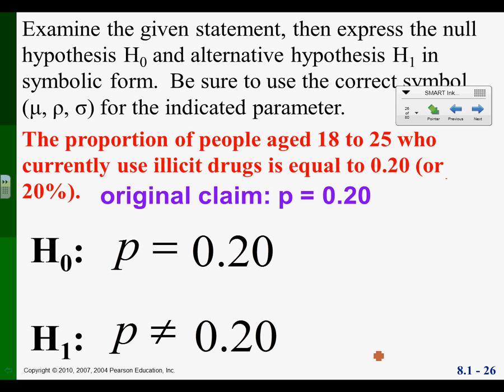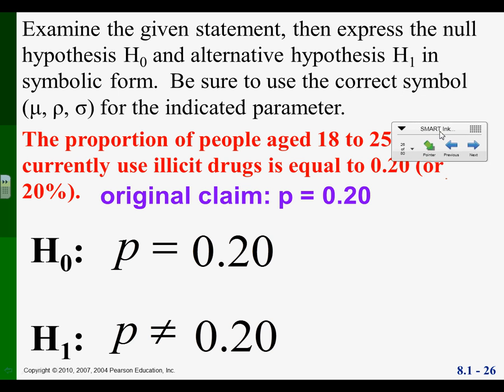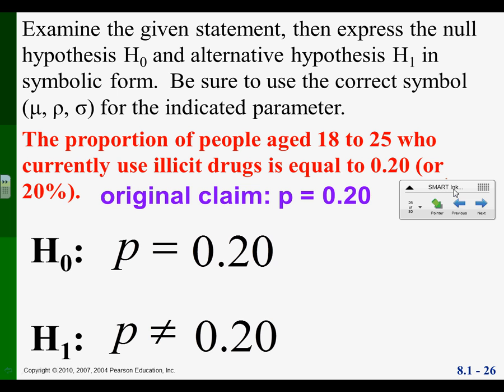Questions? Why is that the alternative hypothesis? Because the statement's either true or false. There's no third side to the claim, so to speak. So, if this is the claim that the proportion is 20%, the flip side of the argument is it's not going to be 20%.